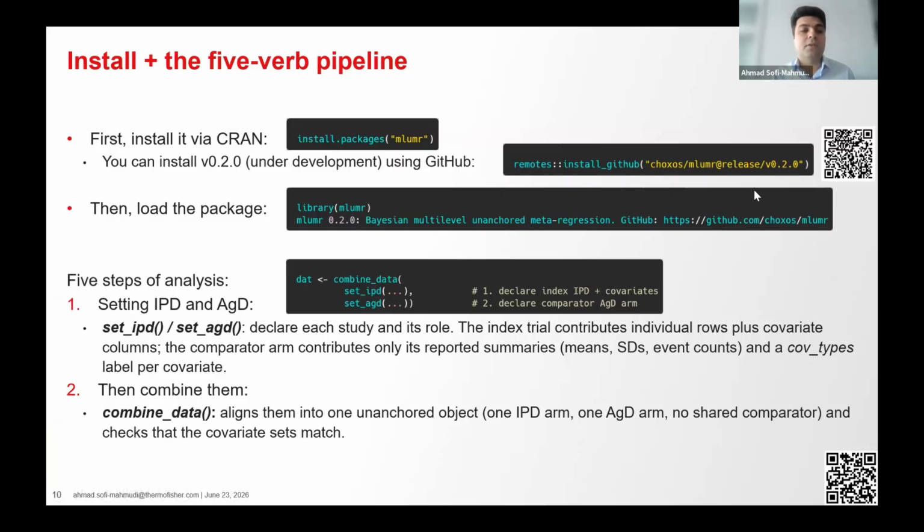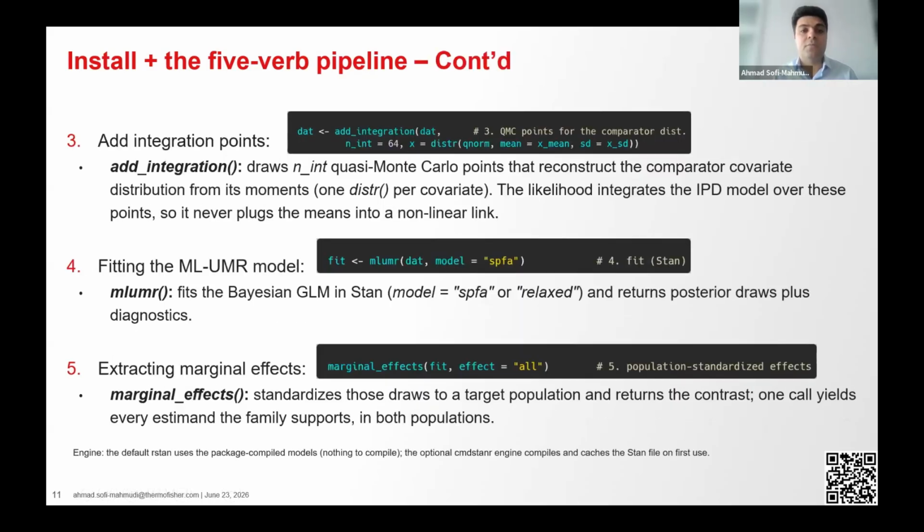We have 5 steps of analysis. First of all, you should set the IPD and AGD, as you can see in here, and then combine them. Then you add integration points to that combined data set. The default number of integration points is 64, and then you should assign a distribution to each of the covariates.